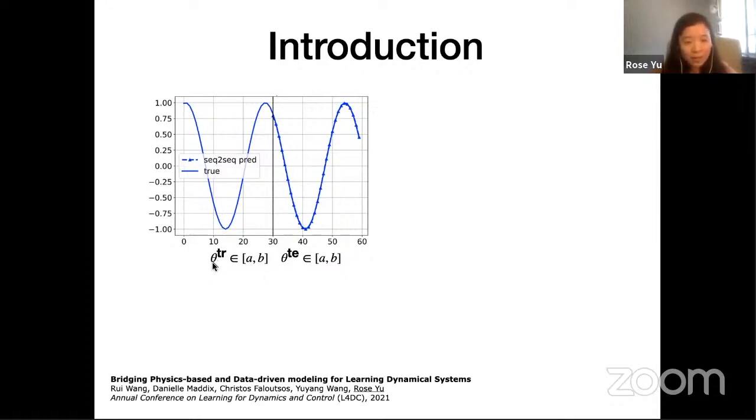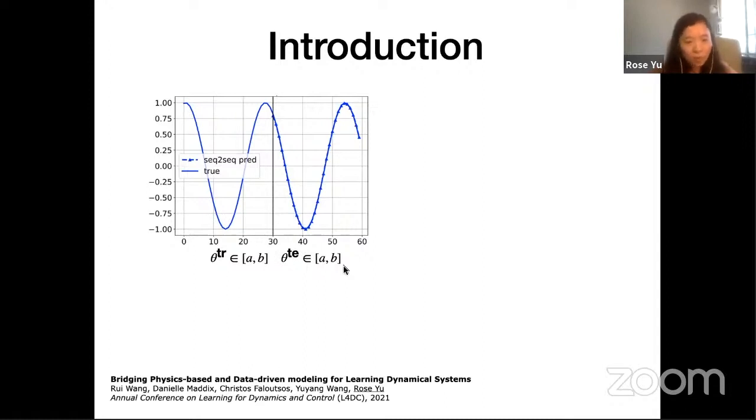What I want to highlight is that we have a training set, theta TR, which stands for training set parameters, and we generate a lot of data examples in this format with parameters sampled from interval A and B. Then during the test, we can draw some other examples with the same type of dynamics, theta TE, also from the interval A and B.